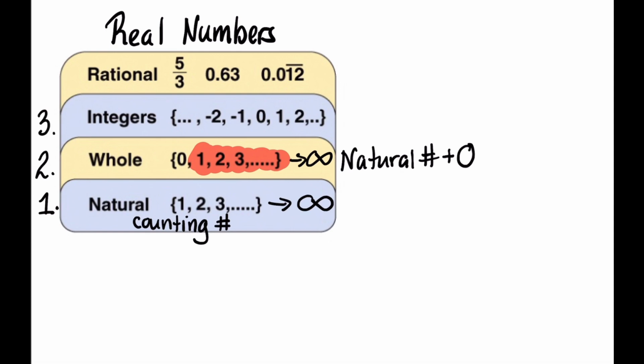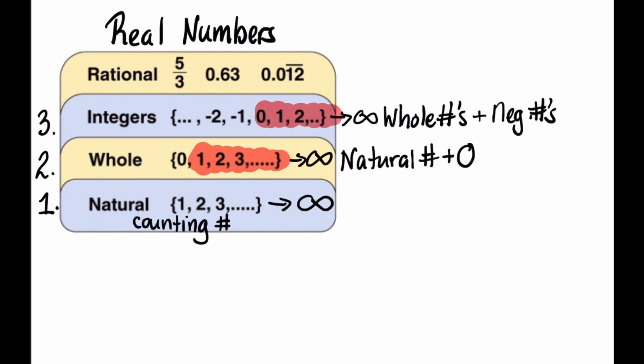Then by about middle school, you start to talk about integers. And integers are all the whole numbers, so from 0 to infinity, and the negative whole numbers. So we have whole numbers plus negative numbers. So you can see how our definition expands to more and more types of numbers.